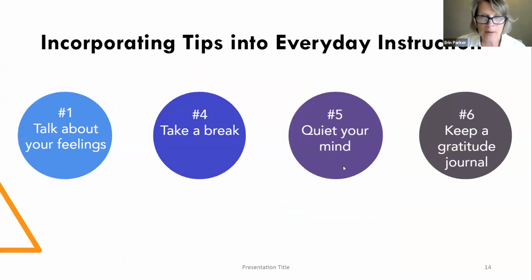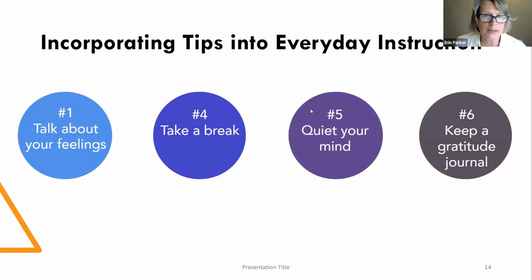All right, so I'm going to go through a few tips for the classroom and things that I've done in my own classroom, and then I'll give you all a chance to share with each other things that you are doing or have done in your classroom for promoting mental wellness.